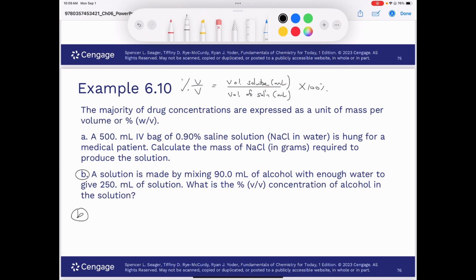And so we end up with percent volume over volume equal to 90.0 mL divided by 250 mL multiplied by 100%. And so 90 divided by 250 multiplied by 100% gives us 36.0% volume over volume. There we go.